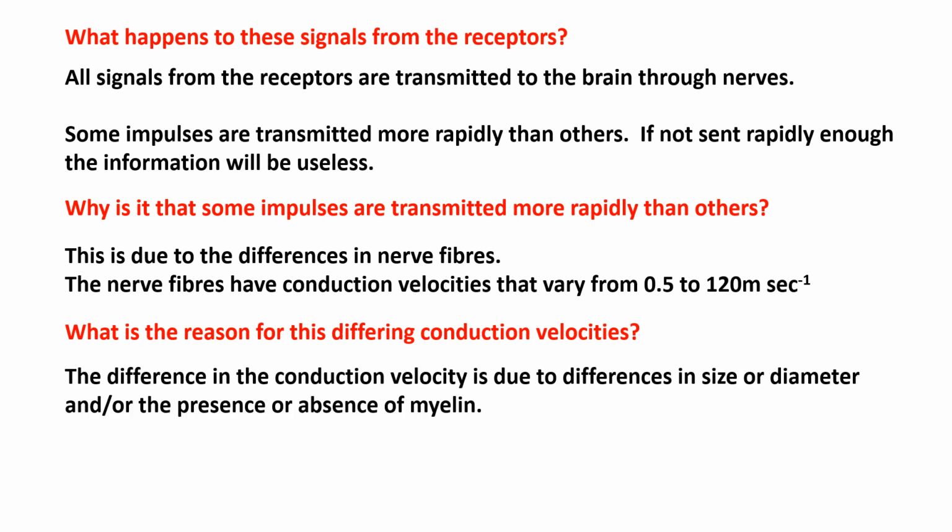And what is the reason for these differing conduction velocities? Why is it some nerves are able to conduct faster than the others? The differences in the conduction velocity are primarily due to differences in the size or diameter of the nerve and also the presence or absence of myelin. Of course, there may be other factors too, but in the main, the nerve fibers that conduct impulses at the faster velocity usually are larger in diameter and they also have myelin sheath.